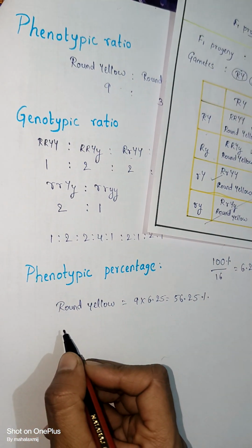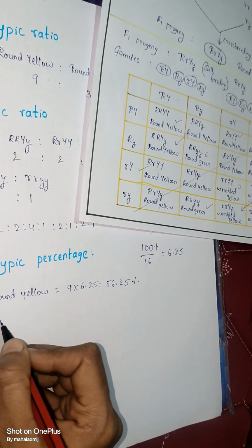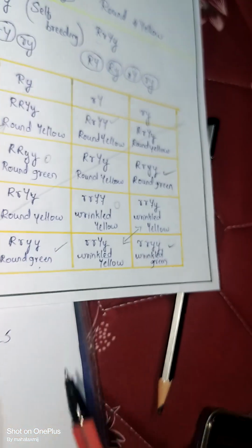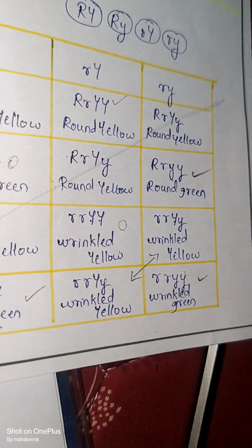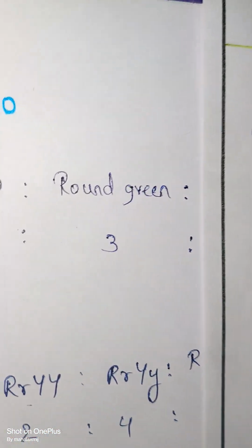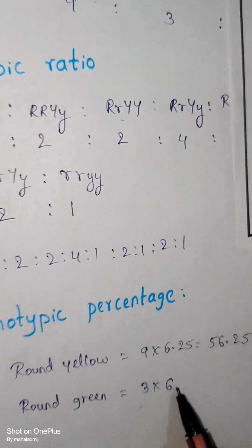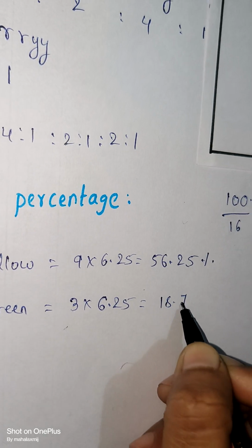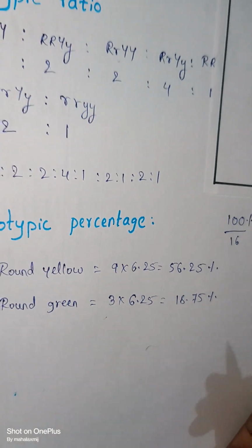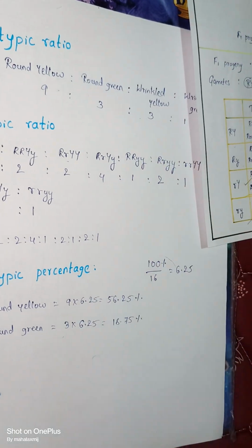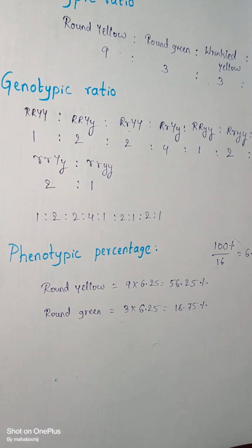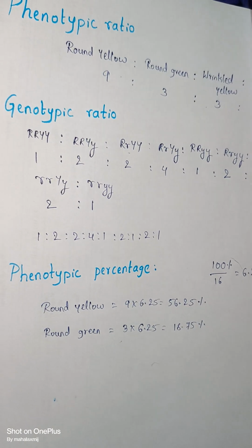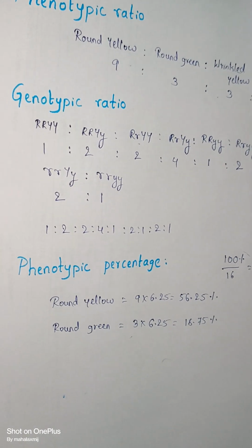Then if I want to find for round green, how many round green are there here? 3. Hence 3 multiplied by 6.25 is 18.75%. Similarly, you can find for the wrinkled yellow and wrinkled green. This is how we find the phenotypic percentage.